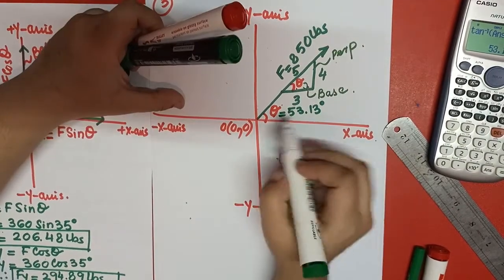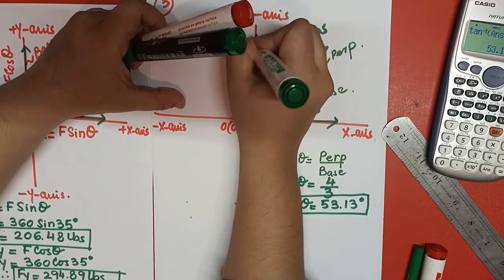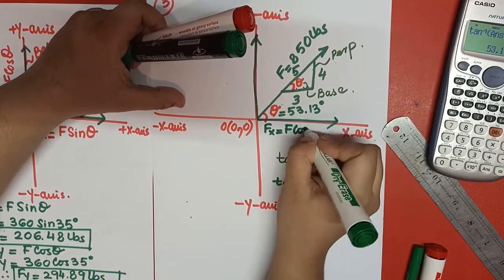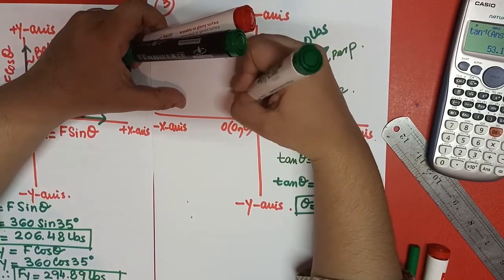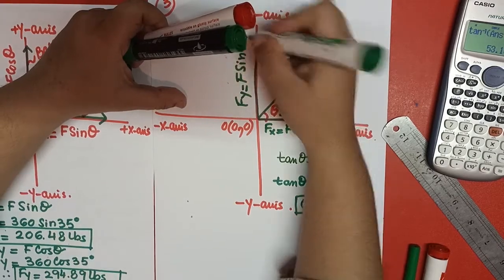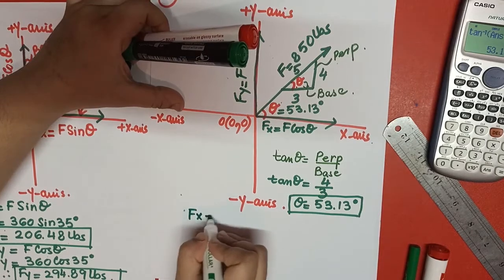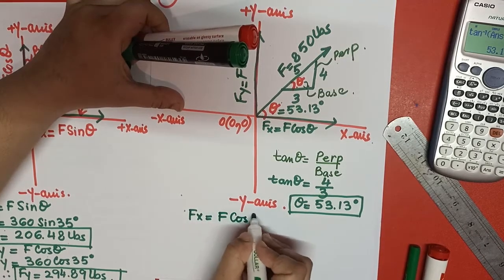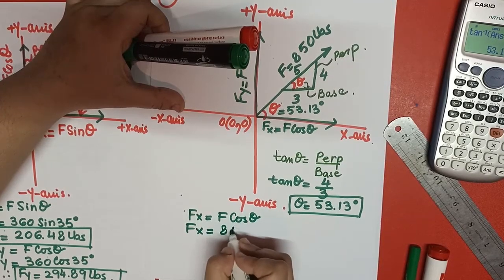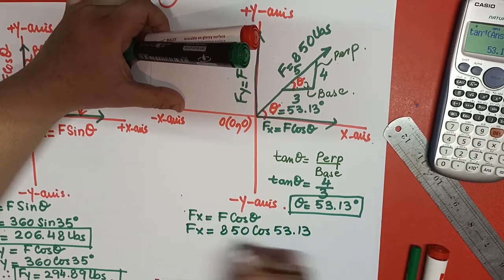Next, I have to find the components of this force. Fx equals F cos theta, and Fy equals F sin theta. Fx equals F cos theta, so Fx equals 850 cos of angle 53.13 degrees.